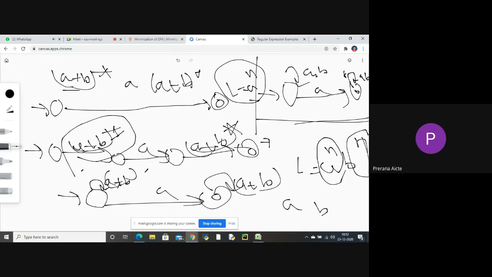But L is equal to a power n b power n, and another language L is equal to a power n b a c a power n, these types of languages have some dependency on the remaining part of the string. So we are not able to construct finite automata for such languages. Then these languages are not regular languages.